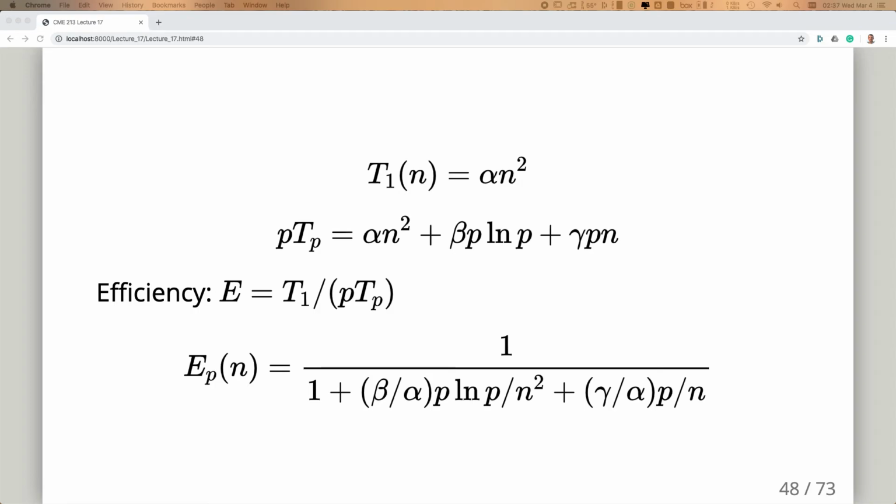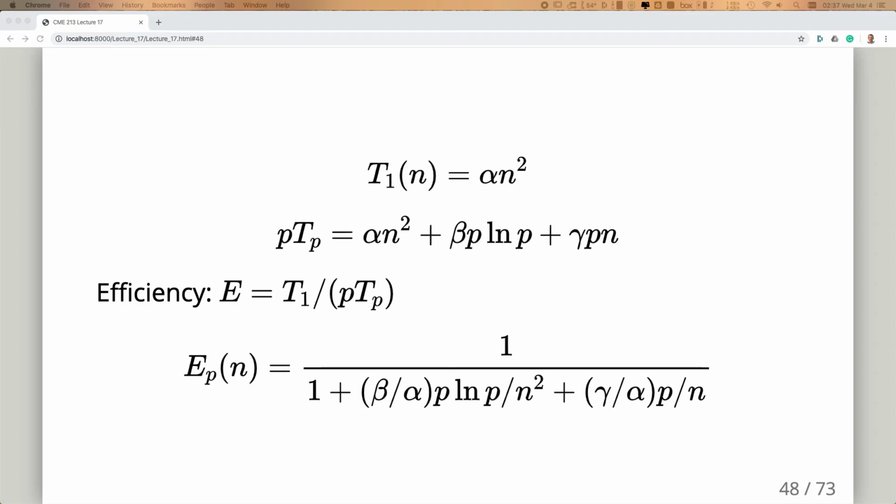Okay? So mathematically, this is a trivial result. You just say this function equals constant, and then implicitly, this gives you P as a function of n. So it actually gives you a curve. Another way to interpret this is if you look at this in the Pn plane.